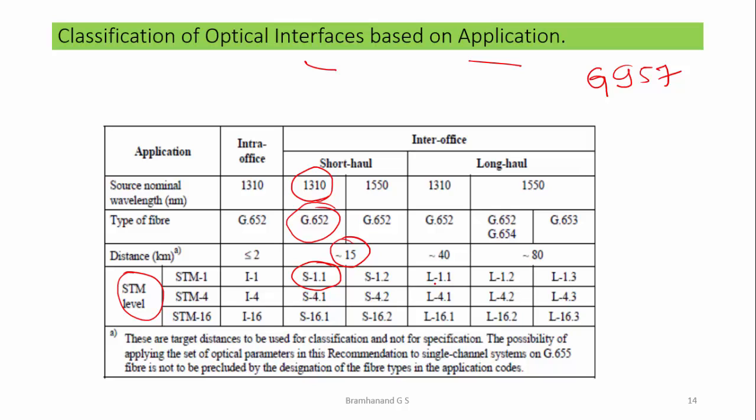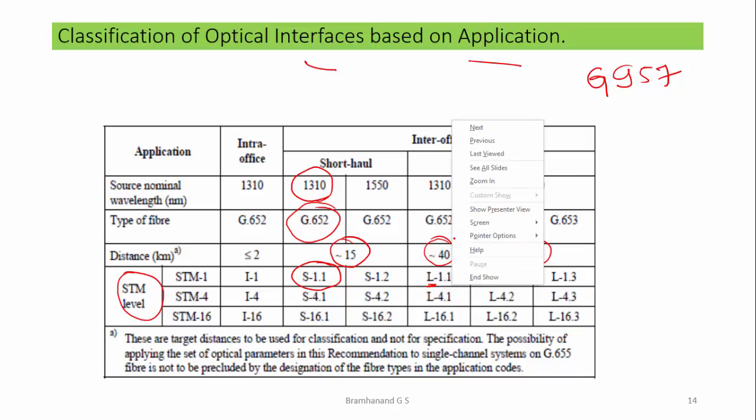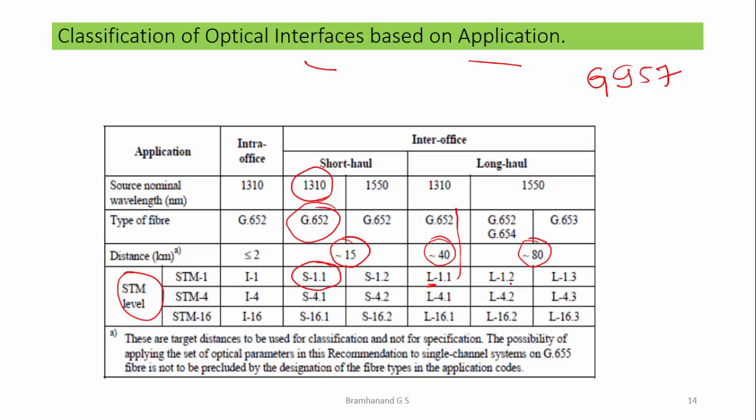Similarly, L-1.1 indicates long haul, which can be 40 kilometers, or for a long haul of 80 kilometers. 1 indicates STM1, and the last digit indicates the wavelength on which it is working. Similarly, for example, L-4.3 means it's a long haul, STM4, and 3 indicates it is using G653 type of fiber.